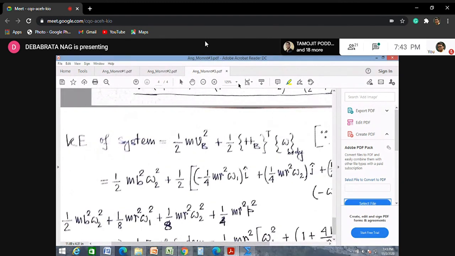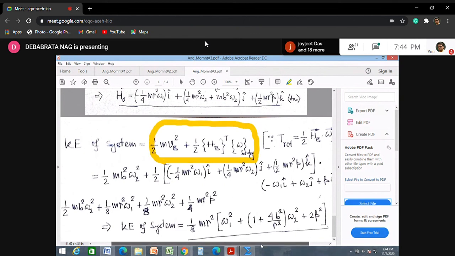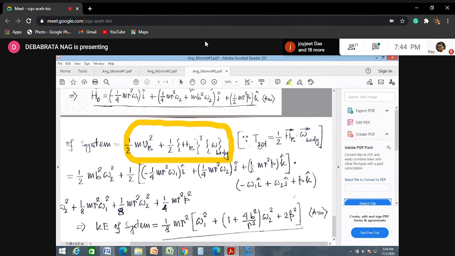So accordingly, you see, let me make it a little smaller, 100%. The kinetic energy of the system will be calculated using this equation: half m v squared plus this. This is what I was just talking about. And then this rotational kinetic energy is expressed this way, so I can write the expression as the dot product of these two vectors.